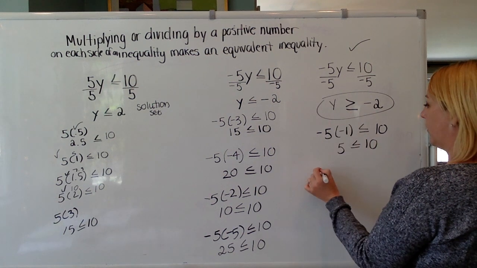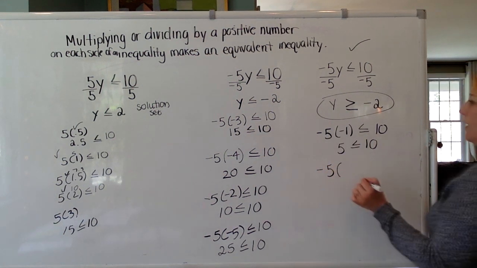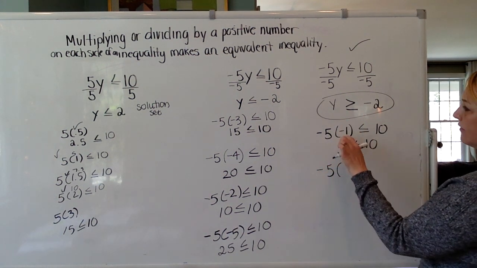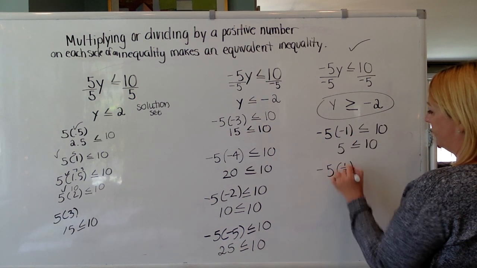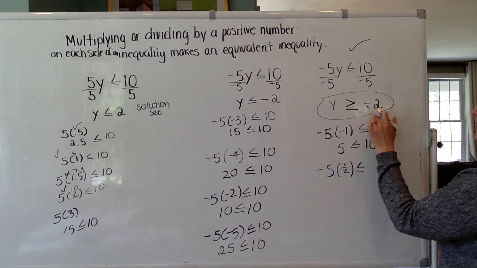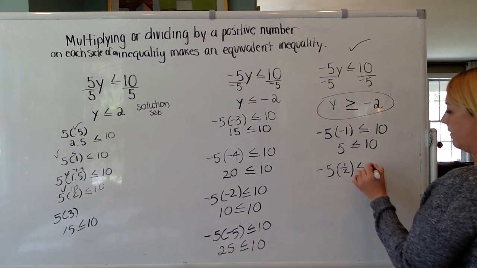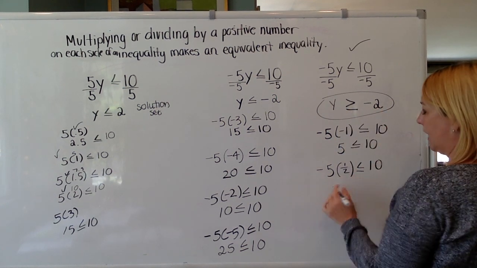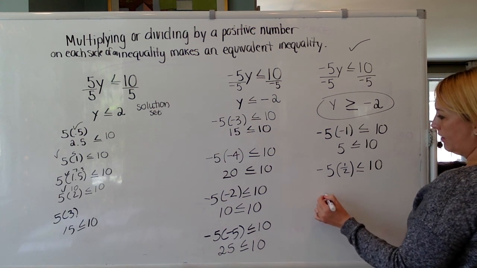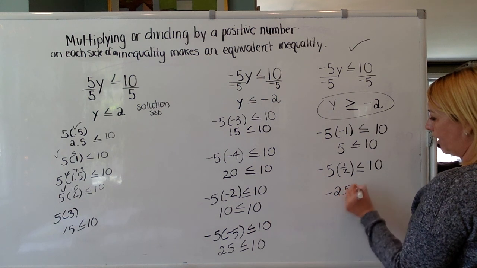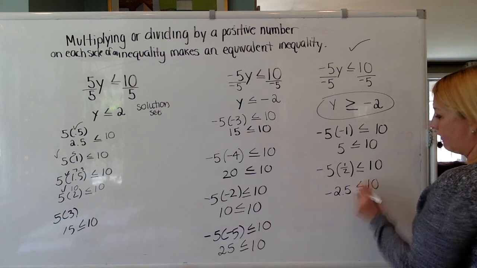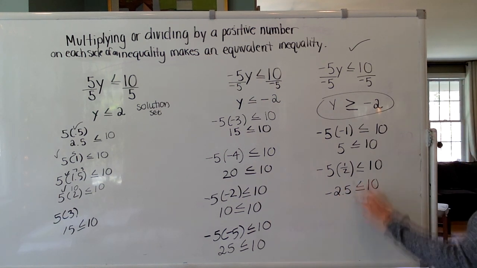Let's try another one. Let's go ahead and go with 1/2, because 1/2 is still greater than negative 2, right? Negative 5 times 1/2, a negative times a positive is a negative, negative 2.5. Negative 2.5 is less than 10, right?